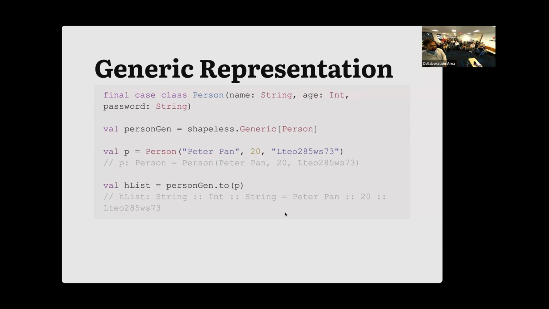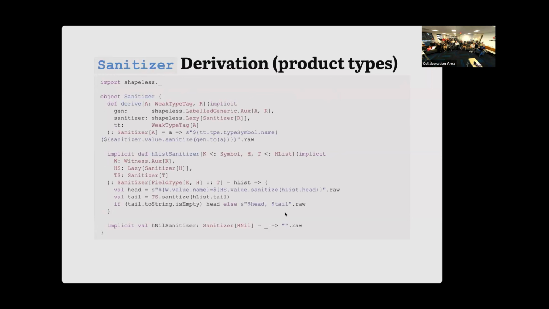Now, given this structure, it's easy for us to apply the sanitization for every individual type, and then do a map and a collect or fold kind of operation on this. And that's what we have done here.